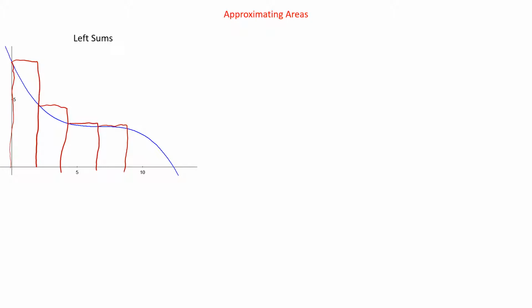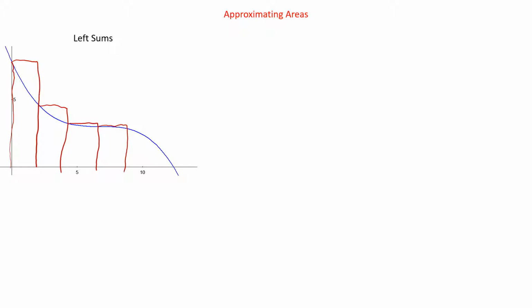So here we have a bunch of not very well drawn rectangles, but you won't actually have to be drawing the rectangles, which is nice. But we have a whole bunch of rectangles.